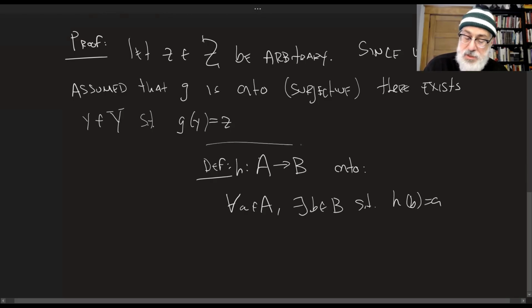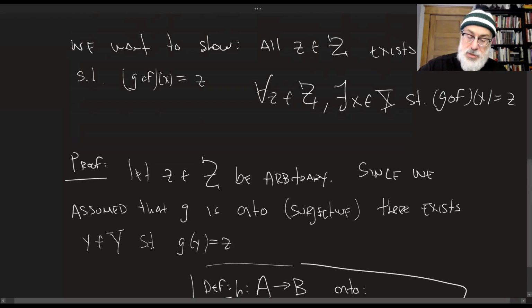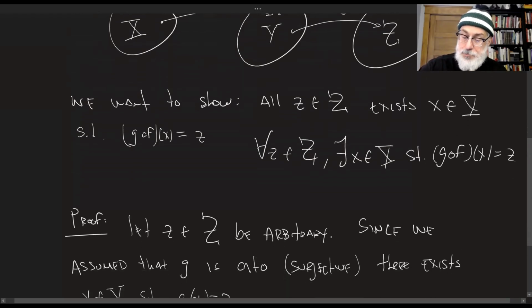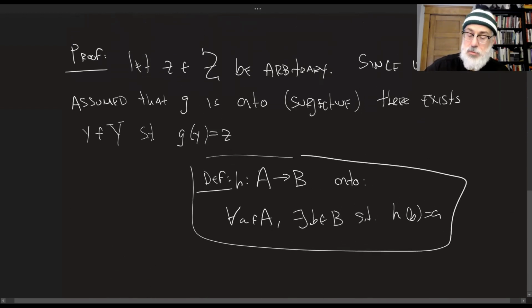So this is a definition of onto. Now that was clear, hopefully, in what we want to show, where we essentially just wrote down the definition of what it would mean for the composition to be onto. But just so we're clear, that's what onto surjection means.